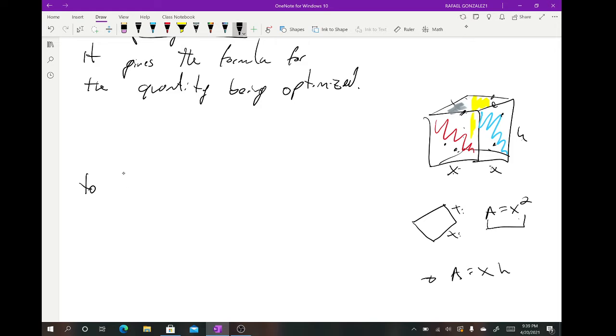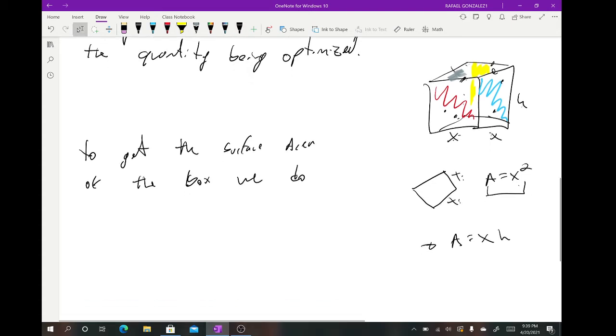So to get the surface area of the box, we do the following.